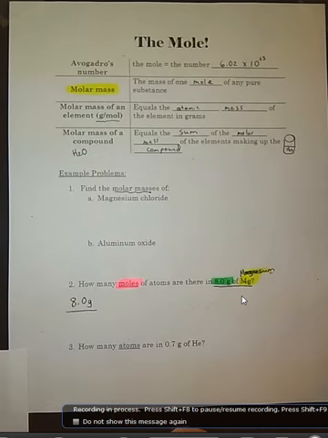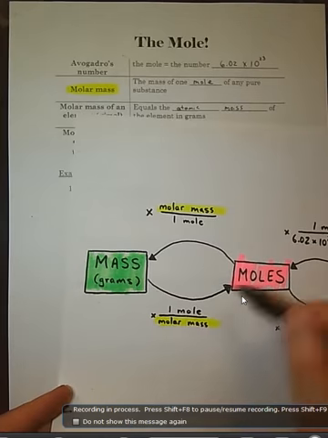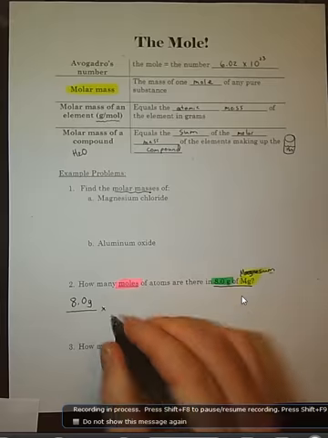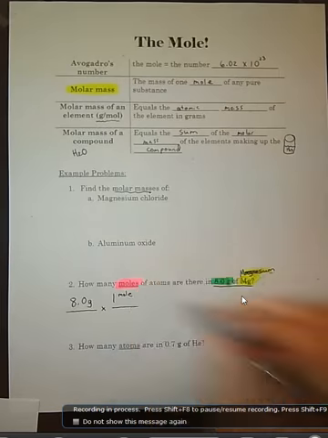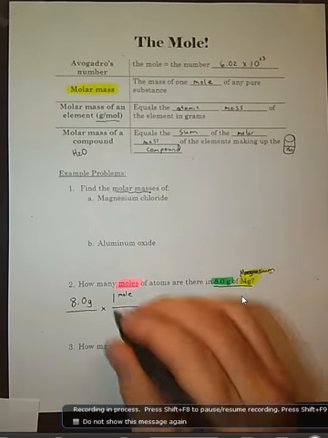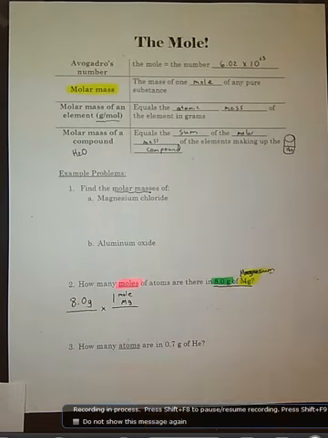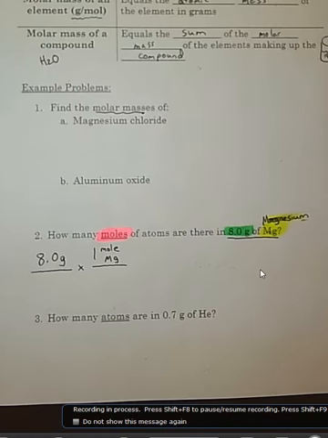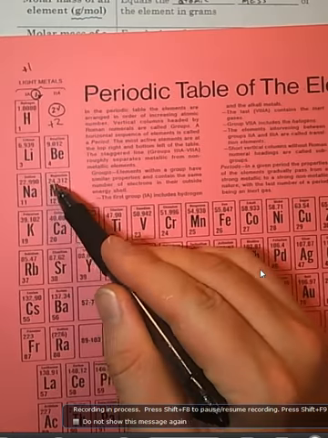Take a look at our first step. We want to divide by the molar mass. I'm going to put a multiply here. We want to know the weight of 1 mole of magnesium. If we take a look at magnesium on our periodic table, we have 24.312.